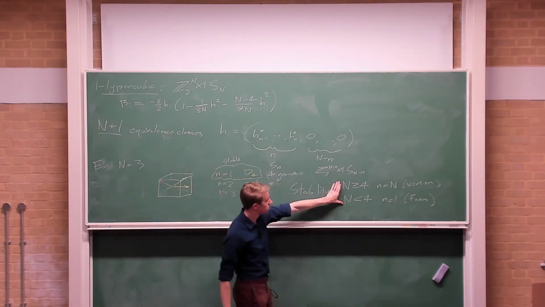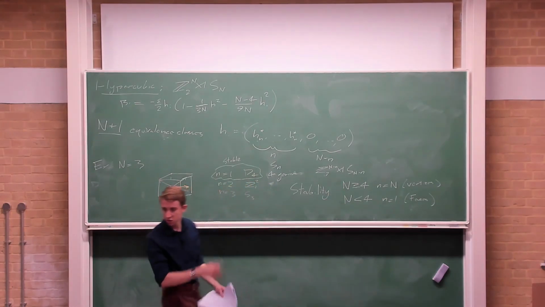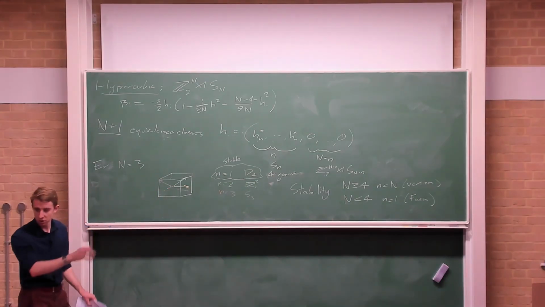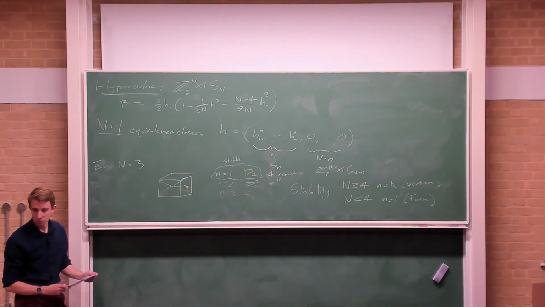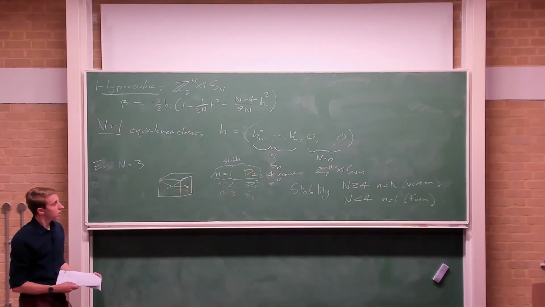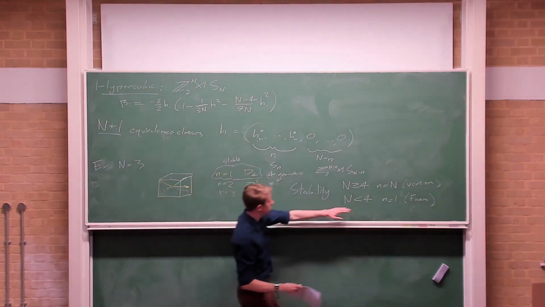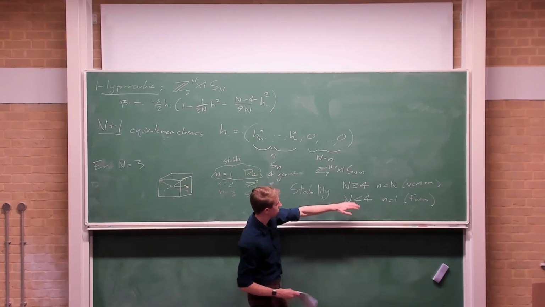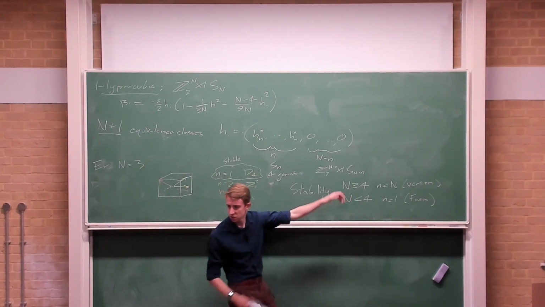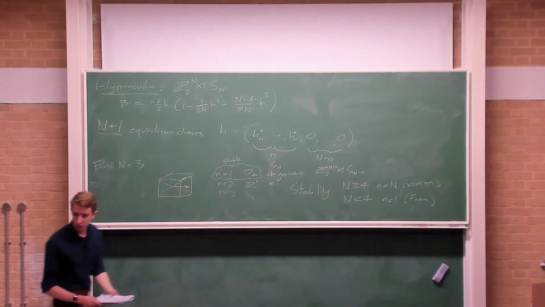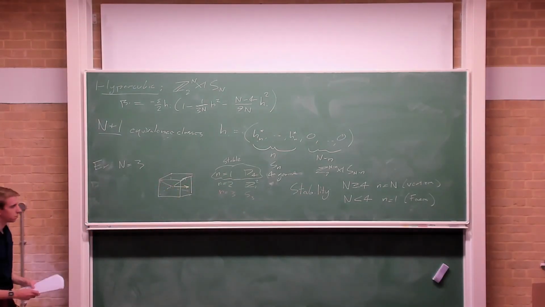This is just for one loop results, but the stability properties are expected to hold. In principle, yes, but we expect the stability properties generally to not be significantly changed by higher loop calculations.